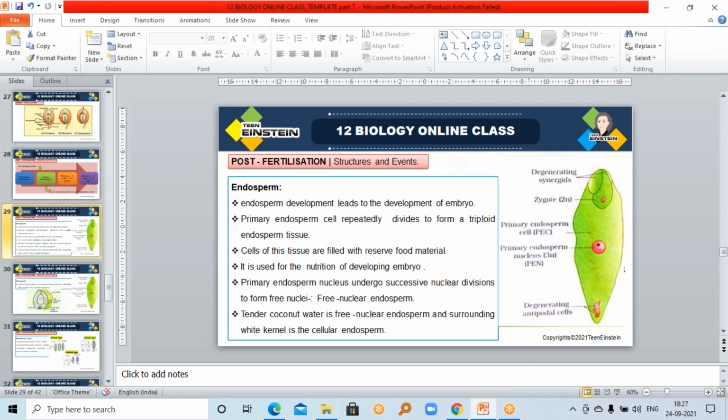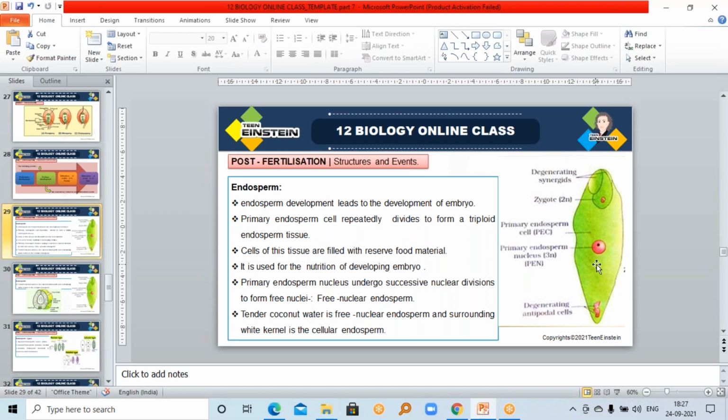In the NEET question, you may get confused. Options will be there. So it is a product of triple fusion. So endosperm develops from the mitotic division of the primary endosperm nucleus. After the formation of the primary endosperm nucleus, this will undergo mitotic division, not meiosis, mitosis.